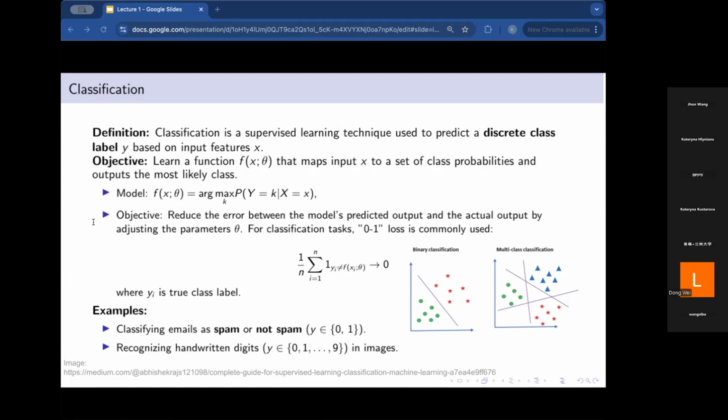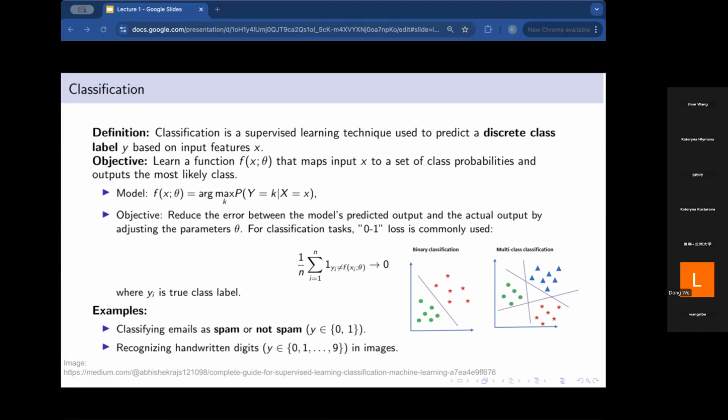Our goal in classification is to reduce the error between the predicted class and the actual class by adjusting the parameters, which are represented by theta. The formula here represents the empirical probability that the predicted class is not equal to the actual class. We want to minimize this value to make it as close to zero as possible, which means our predictions are becoming more accurate.